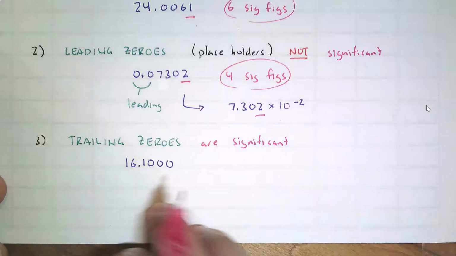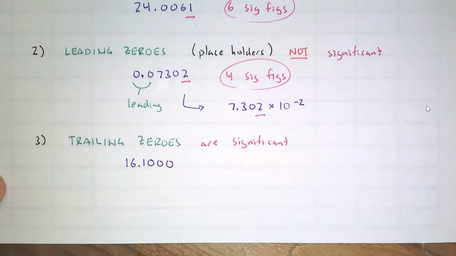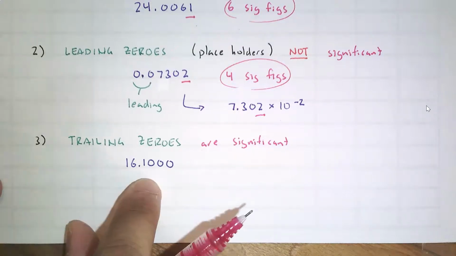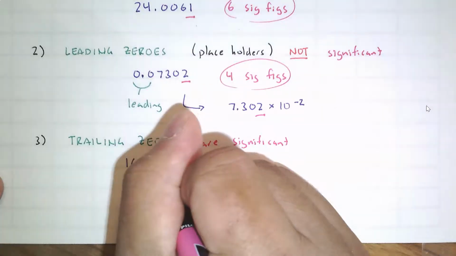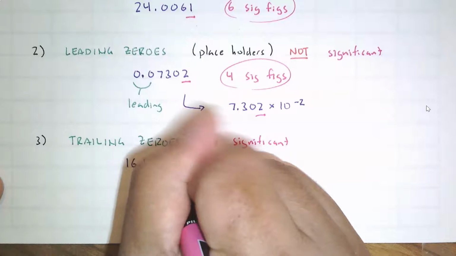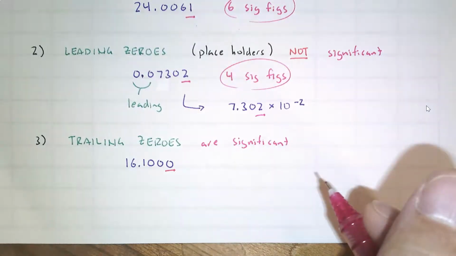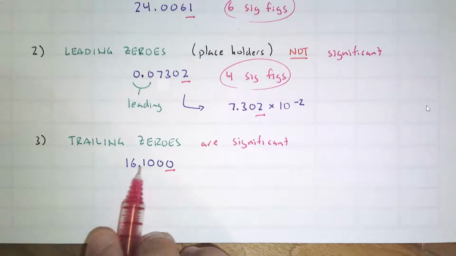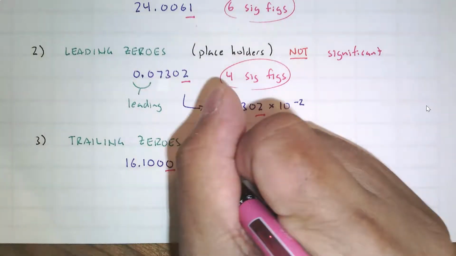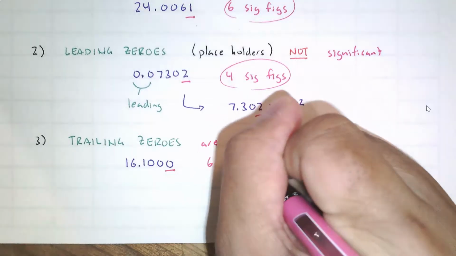The idea that by adding zeros, I'm increasing the certainty of this value means that those zeros are significant. This is the first time I'm going to underline the last digit and it being a 0. Those 3 zeros are significant. 1, 2, 3, 4, 5, 6. So there are a total of 6 sig figs.